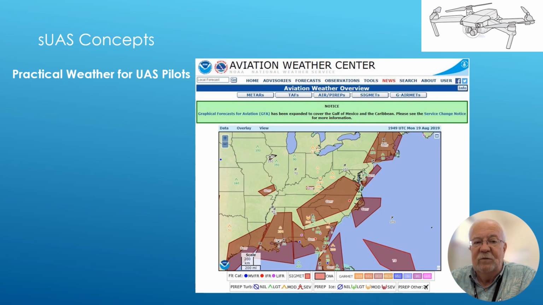The weather sources discussed in the first semester here will help guide students as we continue to prepare for the written test and for professional drone flying. There's a variety of sources out there: METARs, TAFs, different places to get the weather online. Aviation Weather Center is one right here.